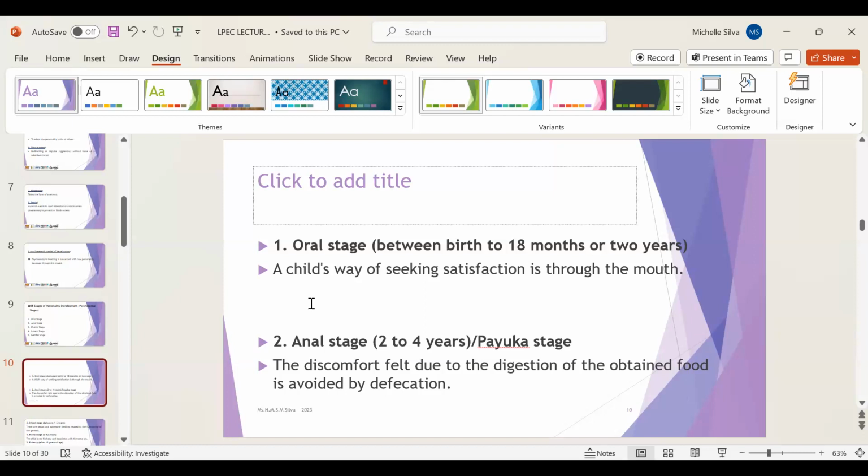During that period, most doctors say don't push your child not to suck fingers, not to bite their nails. Why? Because it is the only area where he or she can seek satisfaction. The mouth is the only satisfaction area where he or she pays attention during that time period.